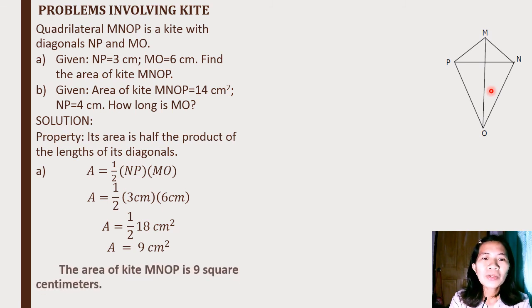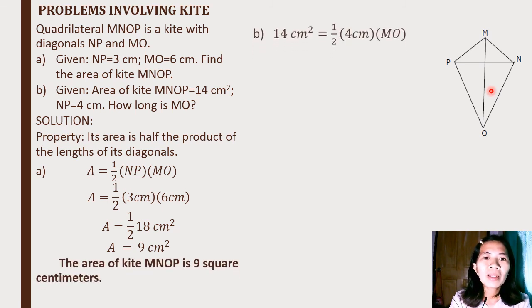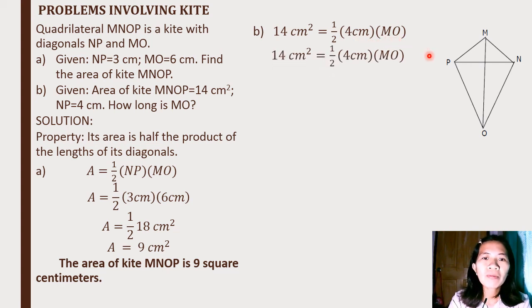Now let's have letter B. Given here is the area, which is 14 square centimeters, and segment NP is 4 centimeters. How long is segment MO now? So we have to use this formula. 14 is equal to 1/2 of 4 times MO.